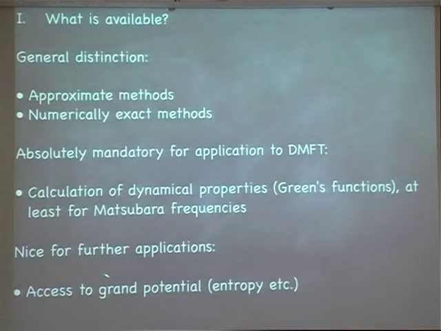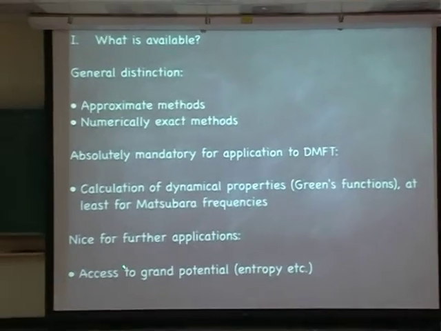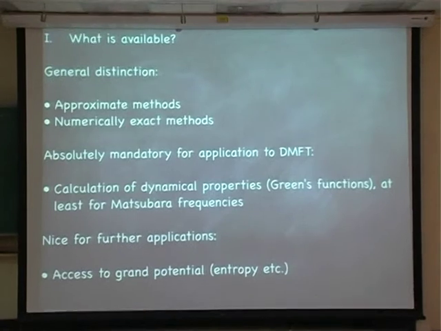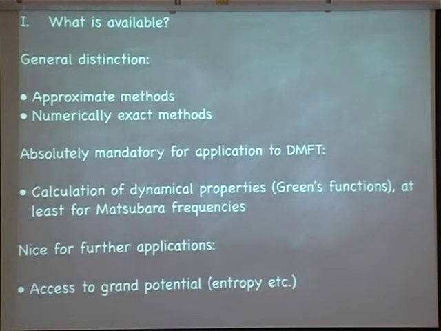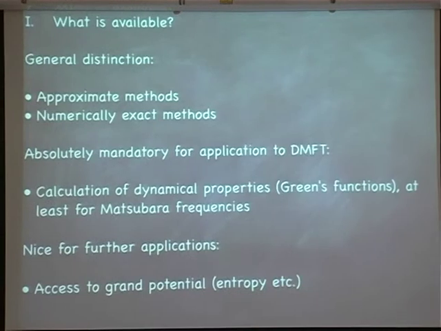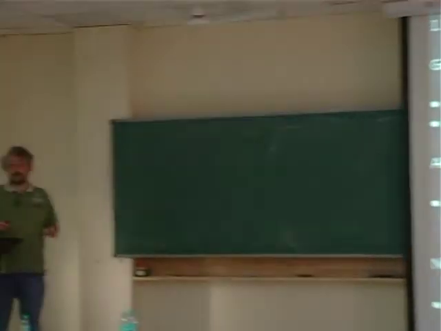And what you also would like to have, but that's a really complicated issue, and to my knowledge there are only two approaches that allow that, namely these perturbation theories, is access to the grand potential directly, and then you can calculate entropy and so on for the lattice system. Now, you can access specific heat through calculating the energy, but then you have to go back and calculate the entropy by integrating C over T, and this only works if you don't have any phase transition in between.